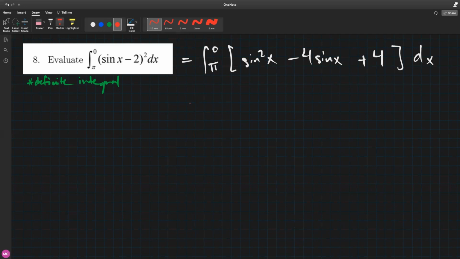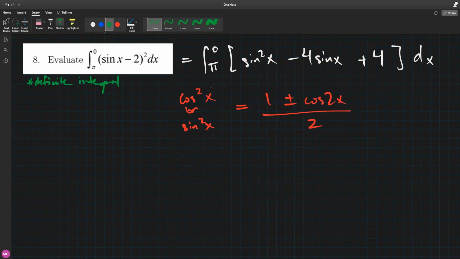One of our trig identities would be dealing with cosine squared x or sine squared x. In that order, this would be equal to 1 plus or minus cosine 2x over 2. So for cosine squared x, that would be a plus, and then for sine squared x, that would be a minus. So let's rewrite this sine squared x into this.